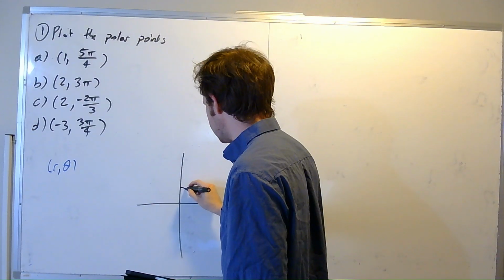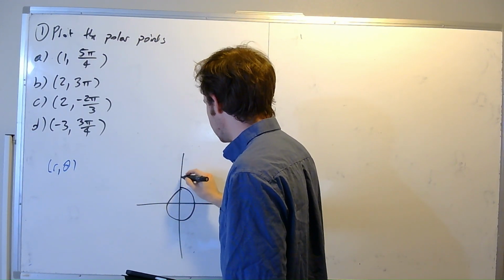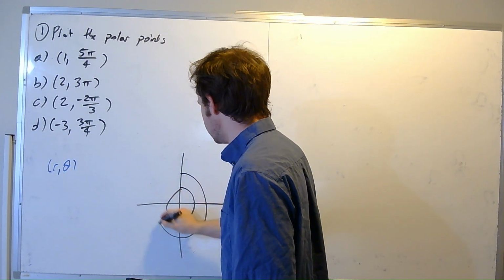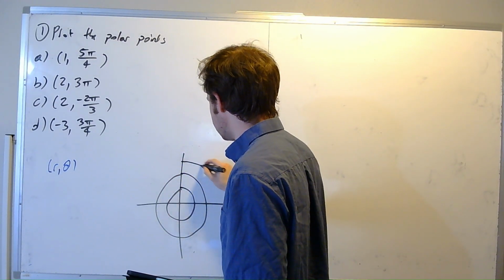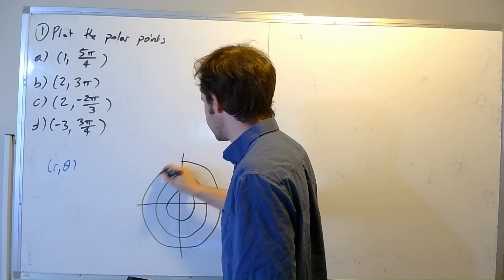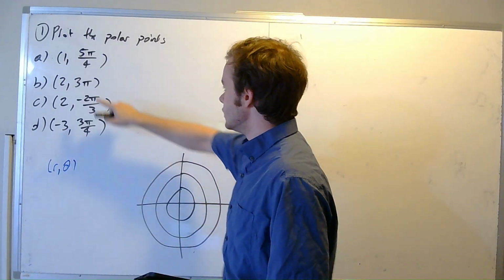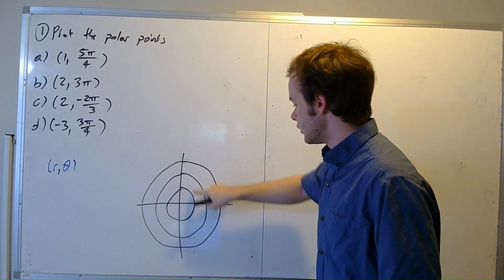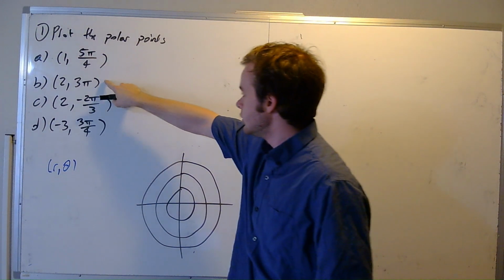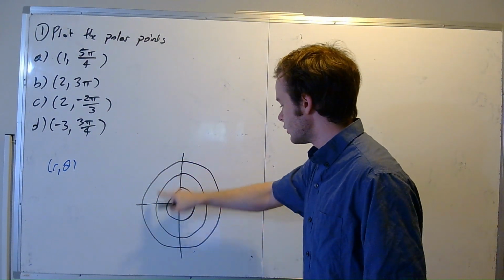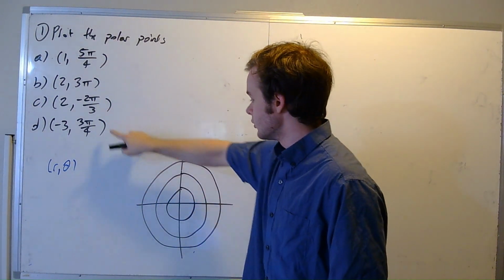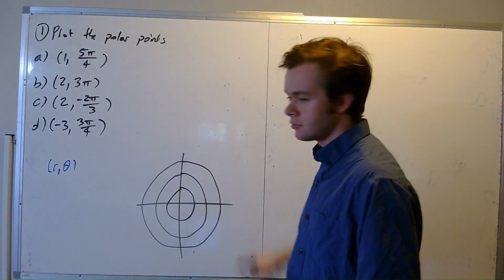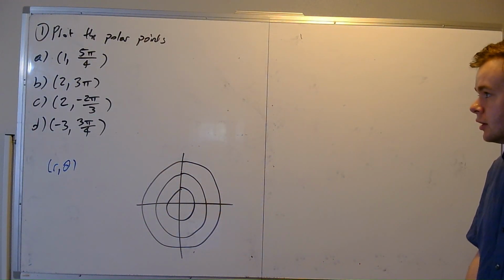So this is going to be a circle of radius 1. This is going to be a circle of radius 2. And this is going to be a circle of radius 3. Right? So we know that this point has to lie somewhere on the circle of radius 1. These 2 points have to lie somewhere on the circle of radius 2. And this third point has to lie somewhere on the circle of radius 3.